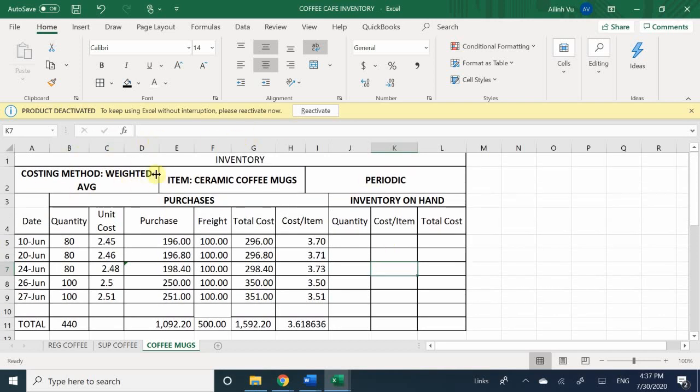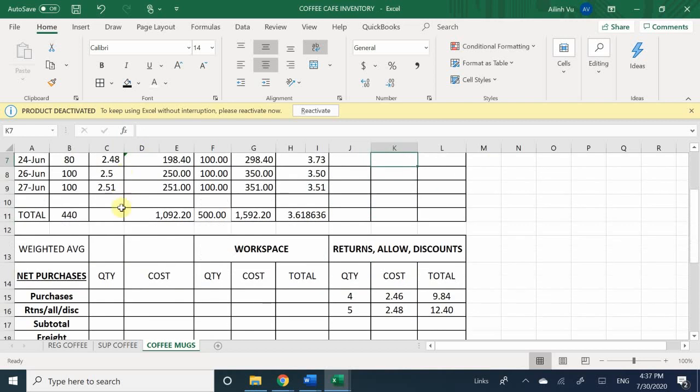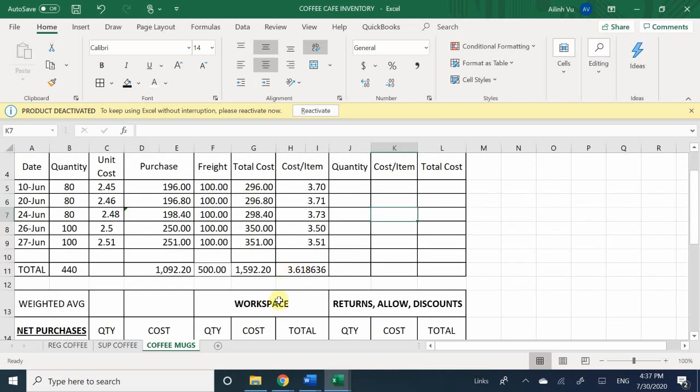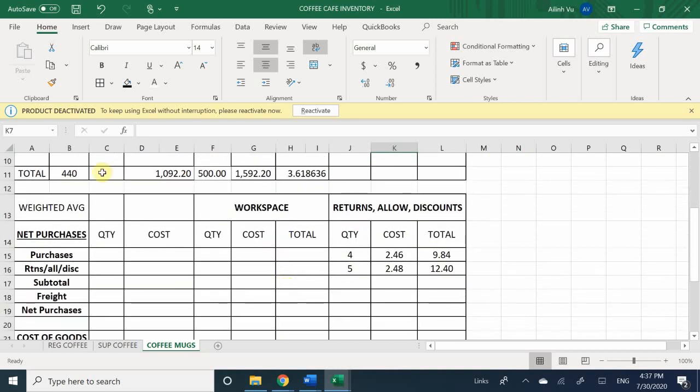Because we're doing weighted average, you have to take the whole entire thing. Now we have this number. This number is not the number we're going to use. Why? Because we have some returns and allowances.